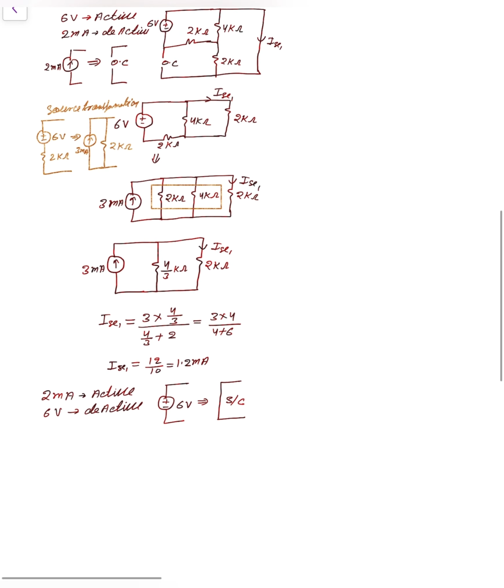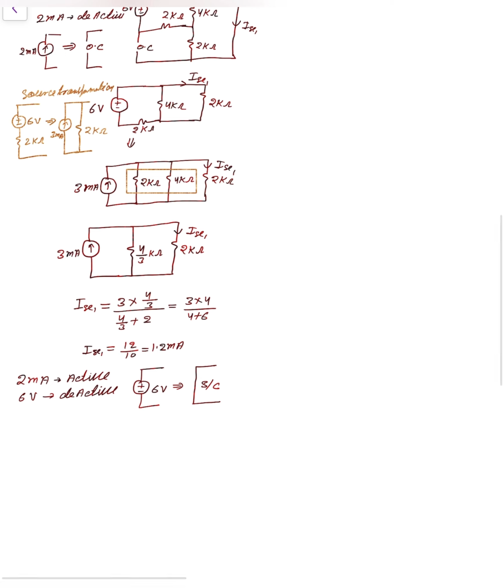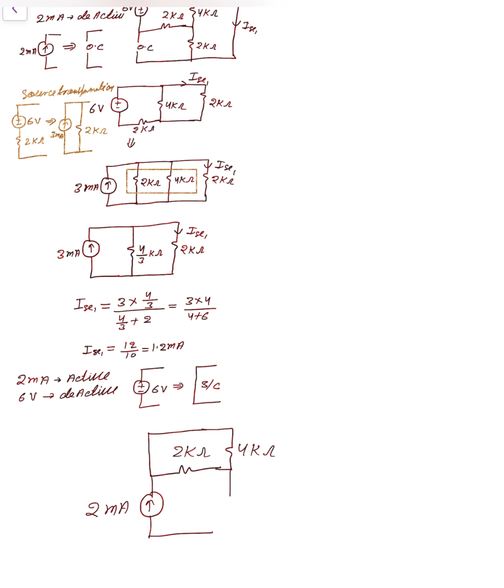After making the circuit like that, here 2 kilo ohm, here 4 kilo ohm, that one is 2 milliampere, and that one is 2 kilo ohm, and that is ISC2.